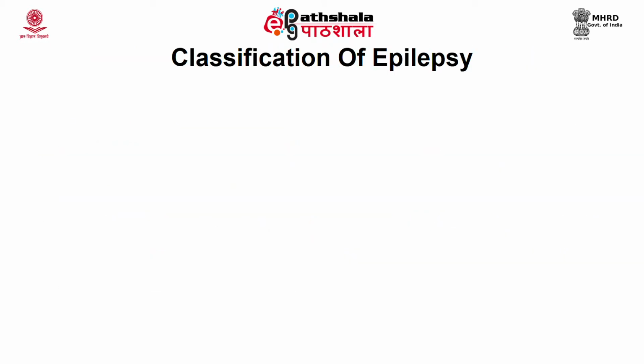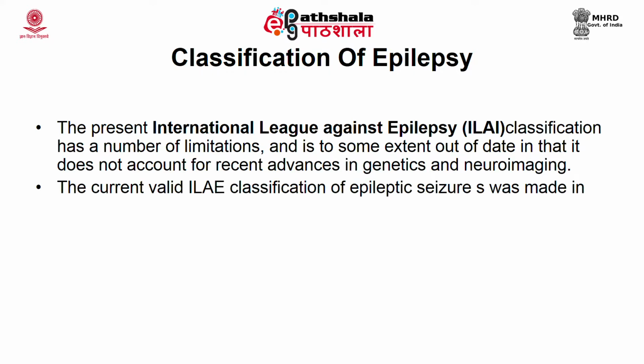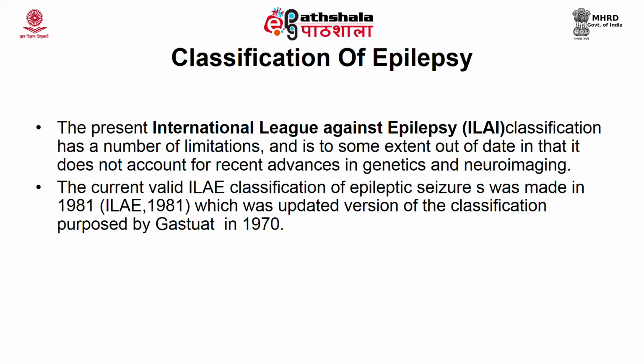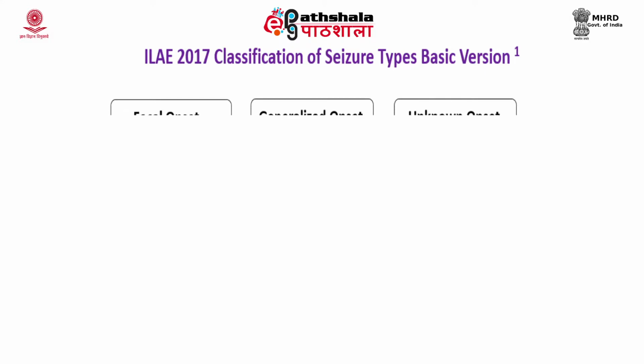Classification of epilepsy has been given by an organization, the International League Against Epilepsy, and they have classified epilepsy as of focal onset, generalized onset or unknown onset.